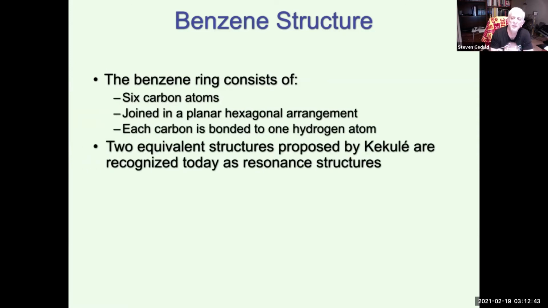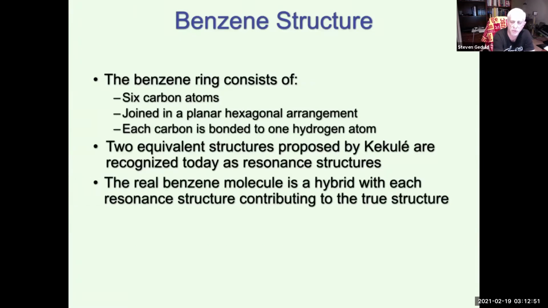There are 2 equivalent structures you can write. Those are called Kekulé structures. They're recognized today as resonance structures. We talked about resonance structures, the different Lewis structures and the different stability those had, like the carbonate ion, CO3 2 minus, and nitrate, NO3 minus. Those are resonance structures that give them their stability.